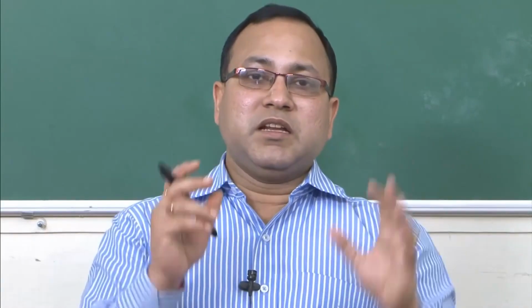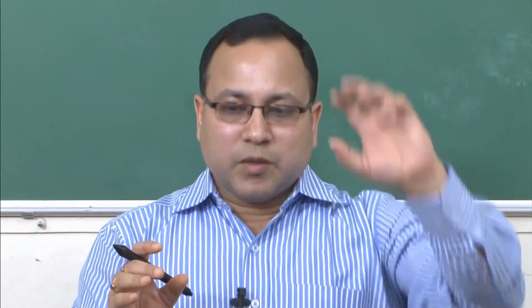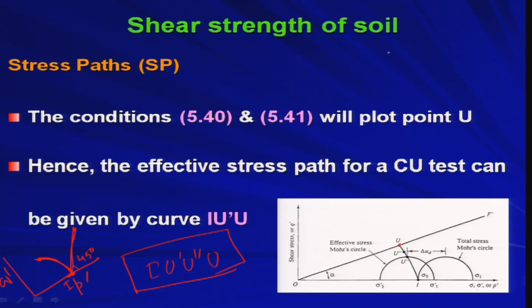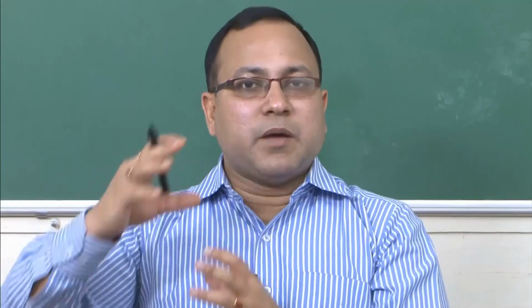Suppose, for example, you have applied an all-round cell pressure. Now first you have performed a CU test. Before going to failure, you have opened the valve and you have done a CD test on the same sample. That means partly CU and then partly CD. This kind of situation may happen in the field, right. Initially the consolidation has happened, but initially there is no drainage, and immediately after the application of stress some amount of drainage is happening.